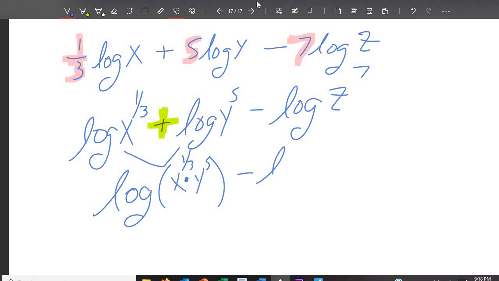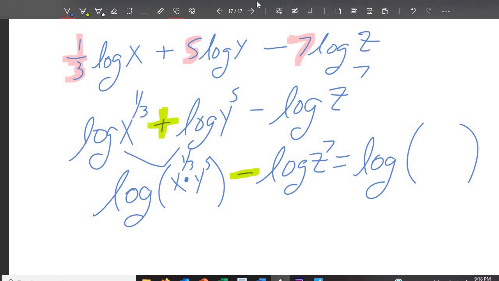Then we've got minus log of z base 7. Now notice there's a minus sign, so this is going to be a fraction. X to the 1/3, y to the 5th over z to the 7th. You've just got to take your time on this.